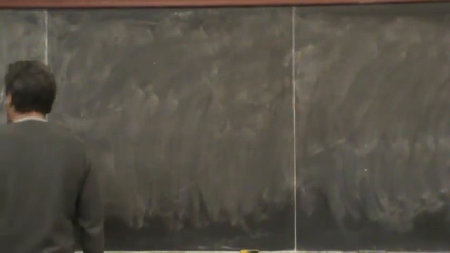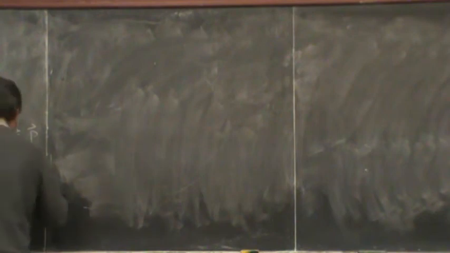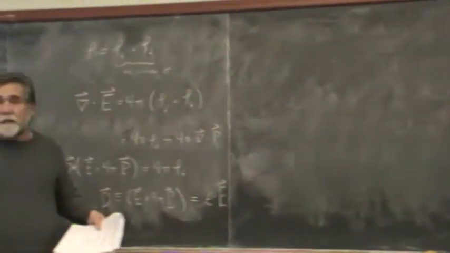I'm going to write one more definition here, which is that this field, the displacement field that's due only to the free charge, is equal to this constant we call epsilon times the electric field of the total charge in the problem.